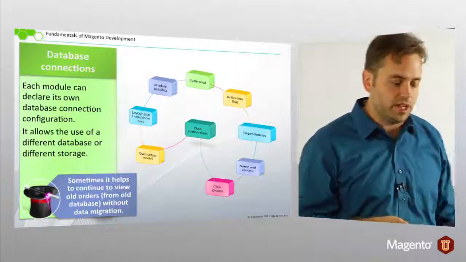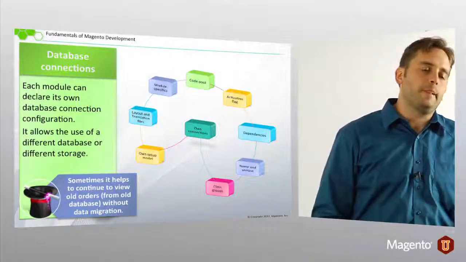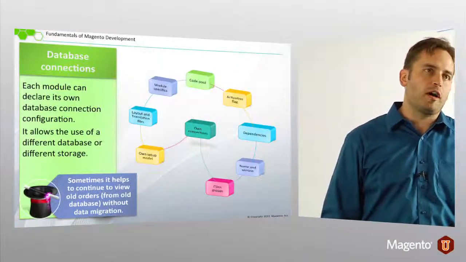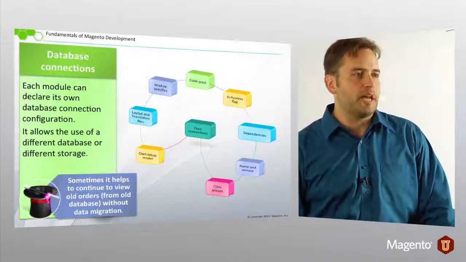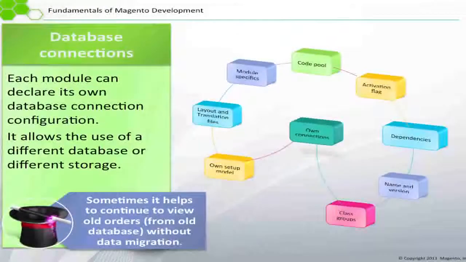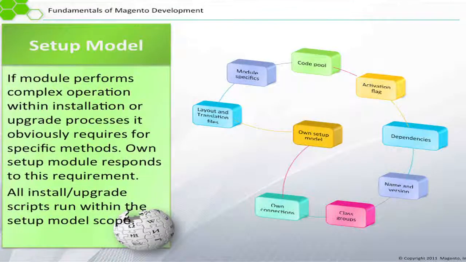You can set up a different connection, say if you want to move some sales order data to archive in a separate database. Then the setup model. All right, so setup models, again, Thursday.